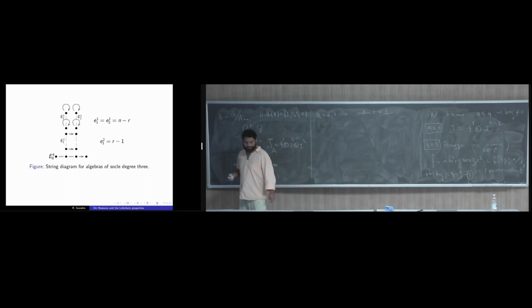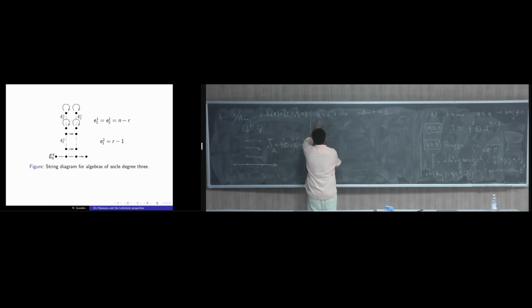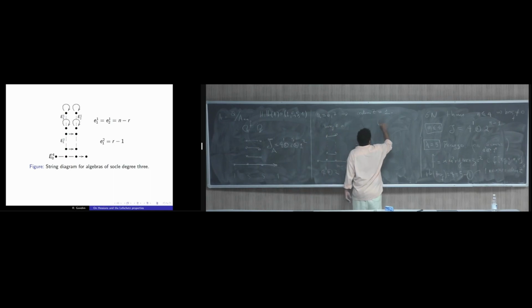So in this case, either the Jordan type is the generic one, 1 plus 2 n minus 1, or if it has vanishing Hessian, it must be with only one, so 4, 1 plus 2 n minus 2 plus 1, 2.